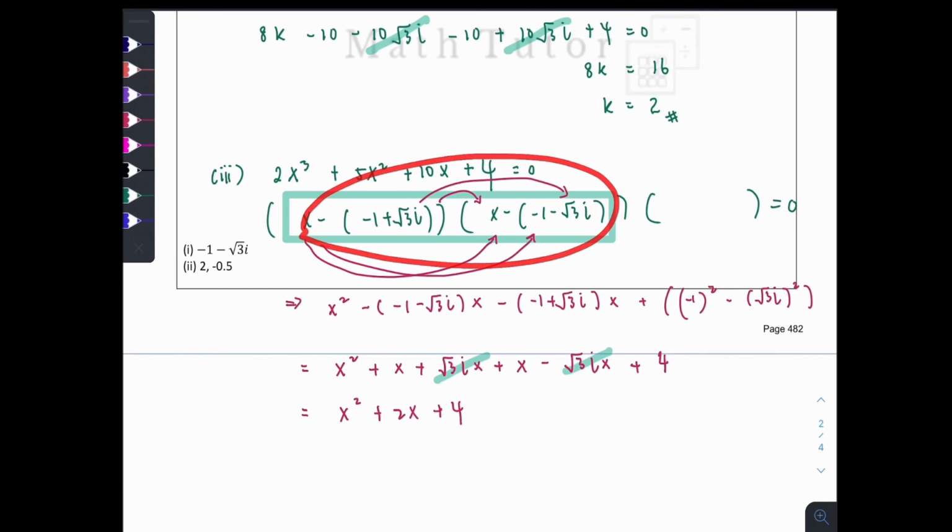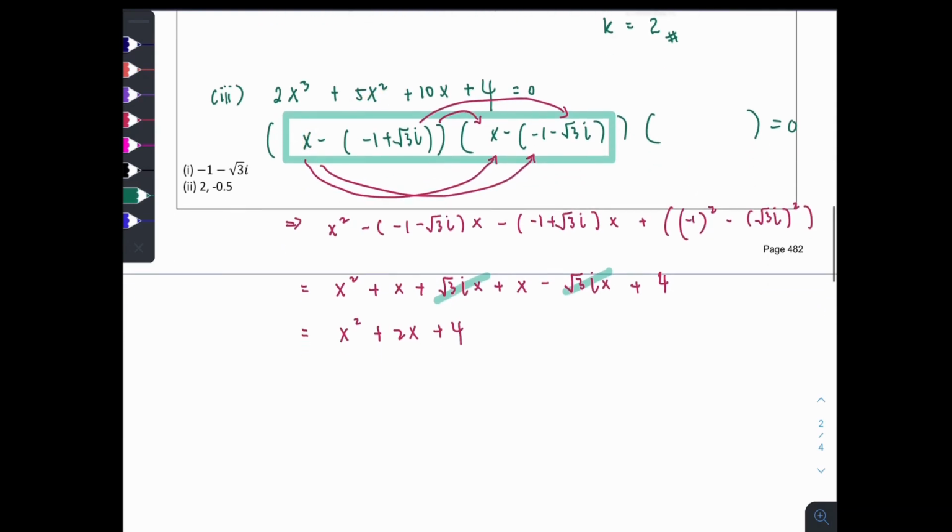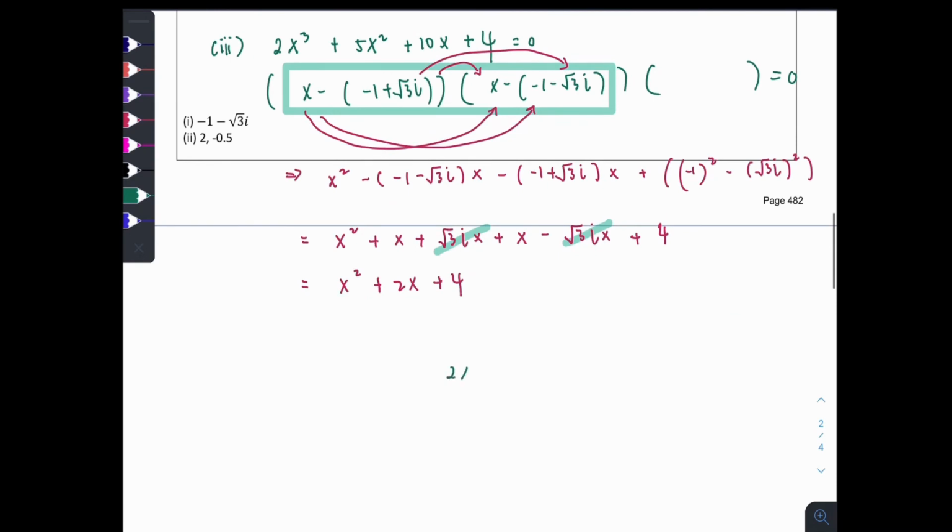And then how to get the third factor here? Yes, it's by using long division. So what we need to do now is to take the polynomial 2x cubed plus 5x squared plus 10x plus 4, divided by x squared plus 2x plus 4.